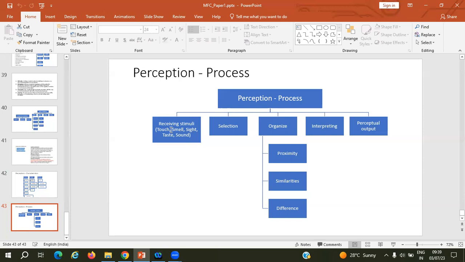Whenever you are traveling, there are hundreds of things in your eyes, but you are not observing, not remembering everything. Whatever you are seeing, all these are receiving input. These are the five things: touch, smell, sight, taste, sound.